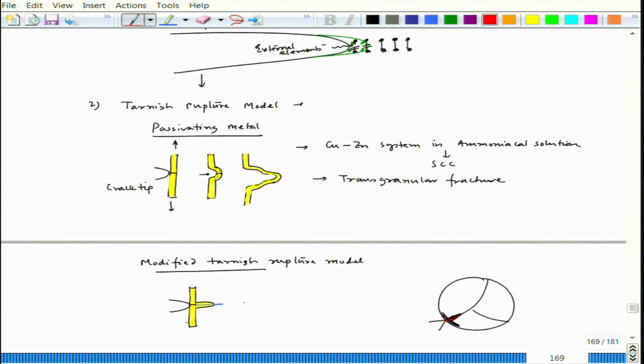So, it has grown like this, and the second time this will grow again, when the crack has moved a little bit. Now this film again will grow inside.